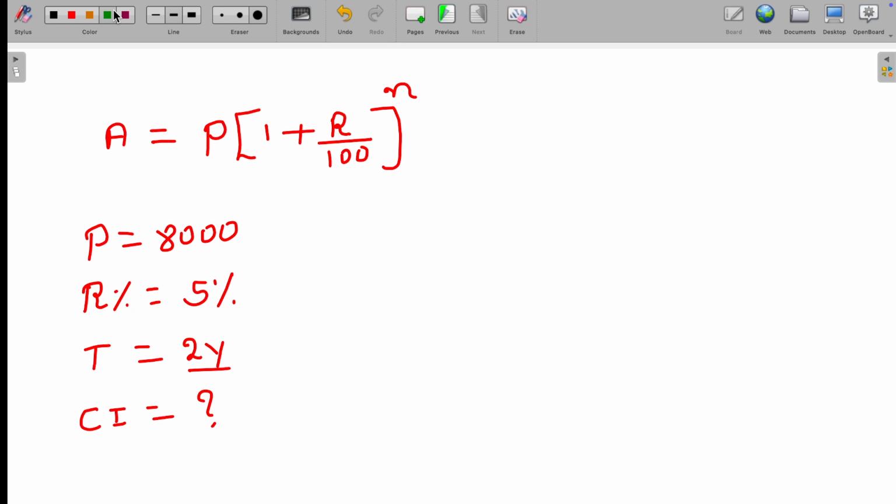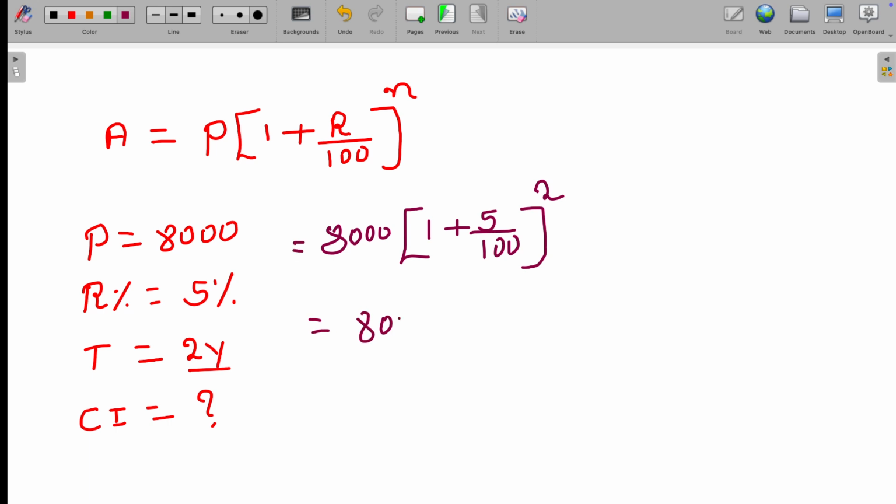Yes, you can use the tree method. I will explain that. Method 1: learn this method, the basics. If I apply this equation, 8000 is the principal, 1 plus the rate of interest 5 divided by 100, and n is the number of times, 2. Now if I solve that, the amount is 8000 into 1 plus 1 by 20, which is 21 by 20, into 21 by 20.